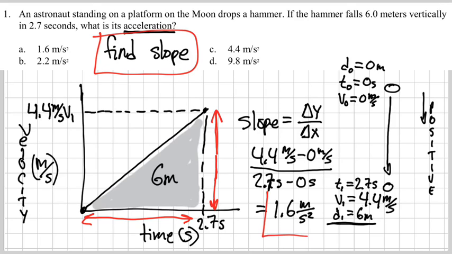This is our final answer to the problem, 1.6 meters per second squared, or option A. Hope this has been helpful. Goodbye.